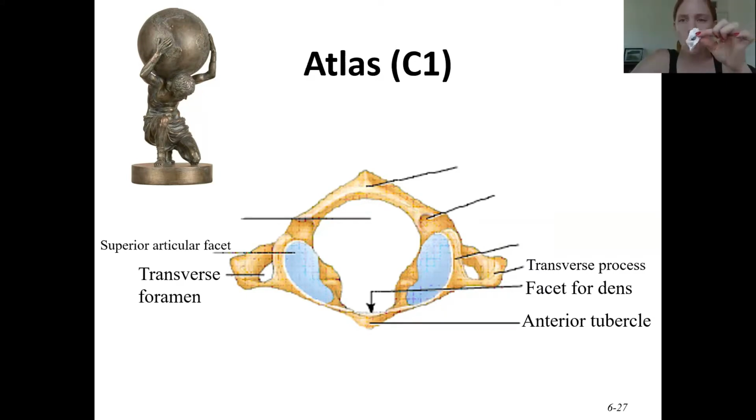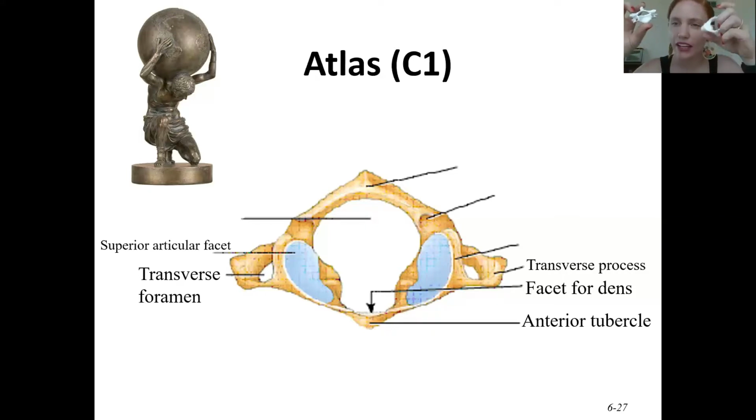When we look at Atlas, you do need to be able to recognize and identify it. Let's look at this one right here. Yes, it's still cervical, so it still has 1, 2, 3 holes, 1 vertebral foramen and 2 transverse foramina. But what is missing? It still has a spinous process, not quite as pronounced, but it's still there. It still has the transverse process, but what does it not have? What was this part here called?